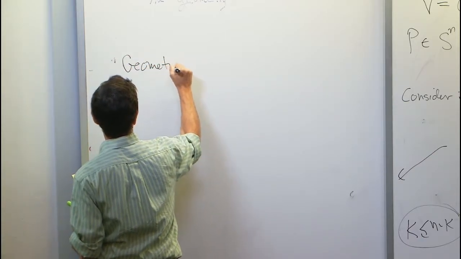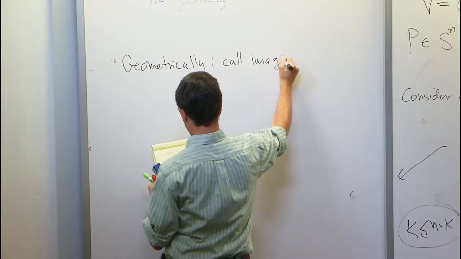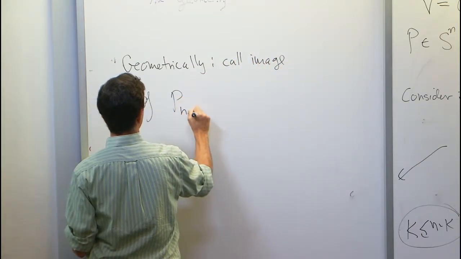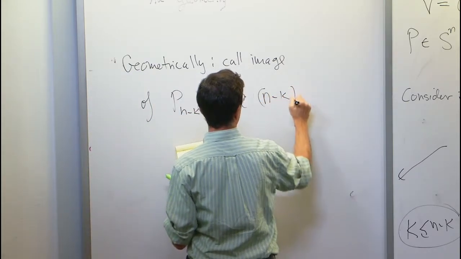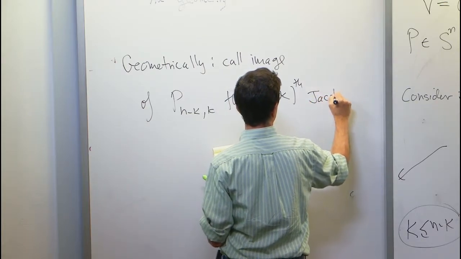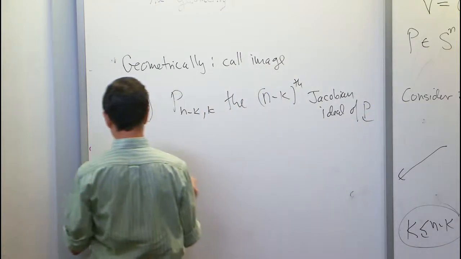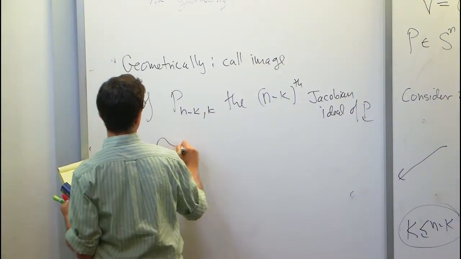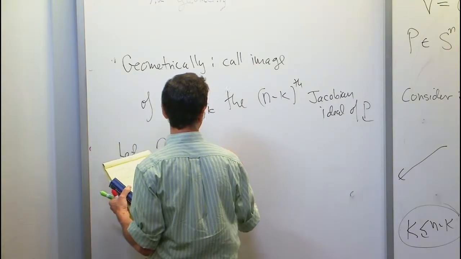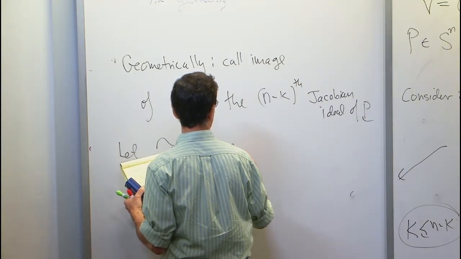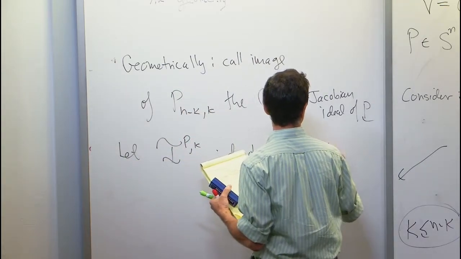Geometrically, call the image of P_{n-k,k} the n minus kth Jacobian ideal of P, and let I_{P,k} denote the ideal it generates.